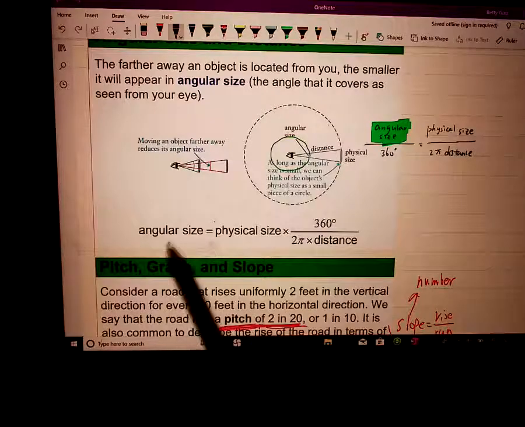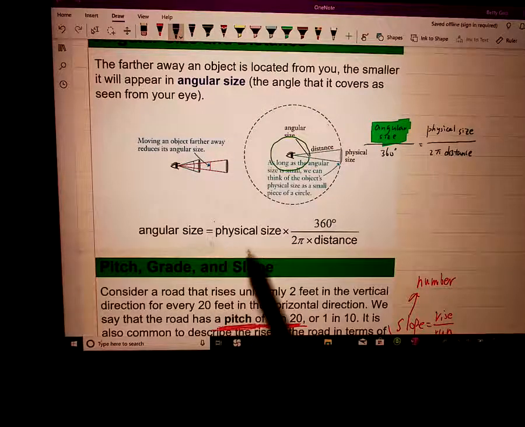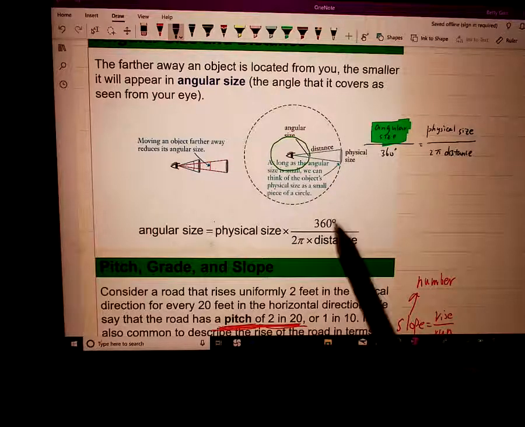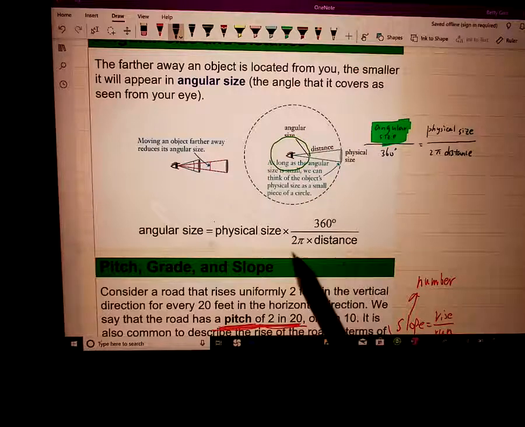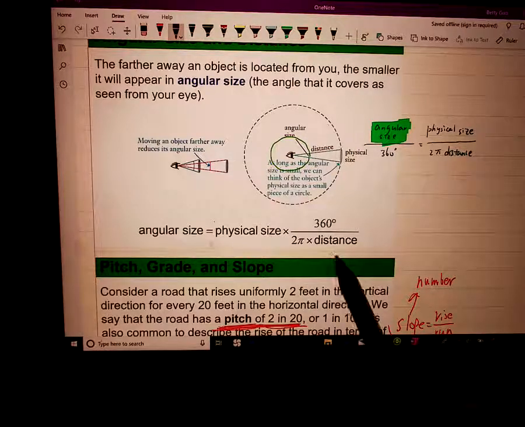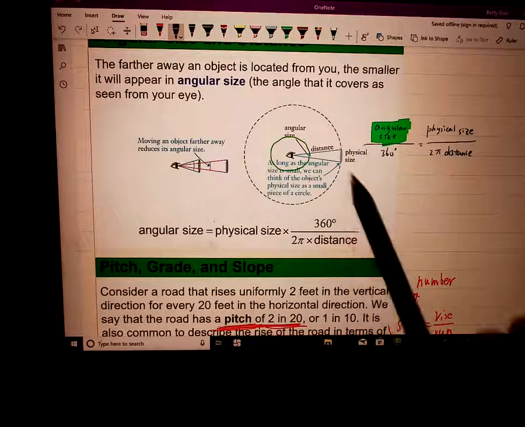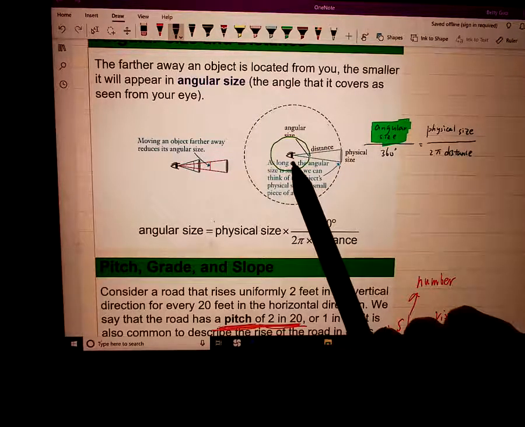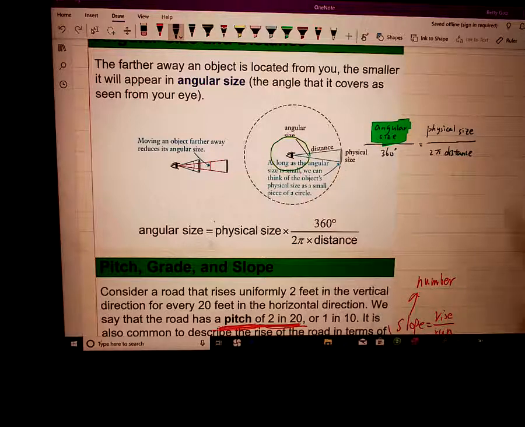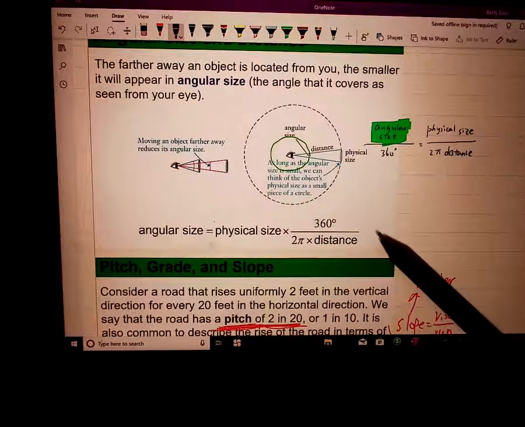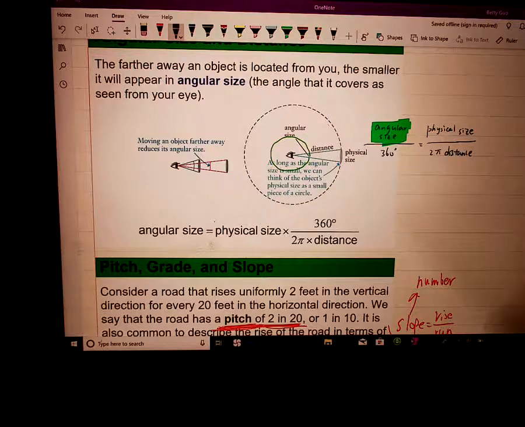To make it simple, just apply this formula. Angular size equals physical size multiplied by a fraction. The numerator of the fraction is 360 degrees. The denominator of the fraction is 2 pi multiplied by the distance. What's the distance? The distance between the object and your eyeball. We are going to apply this formula later when we work on a problem in the package.